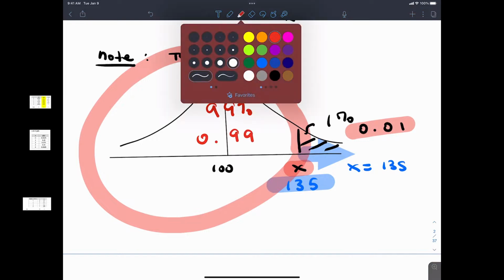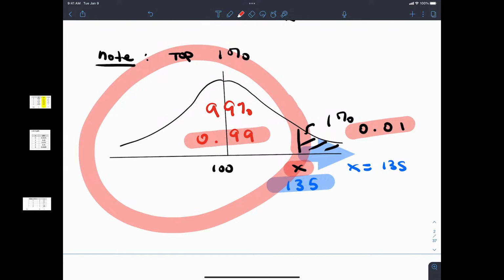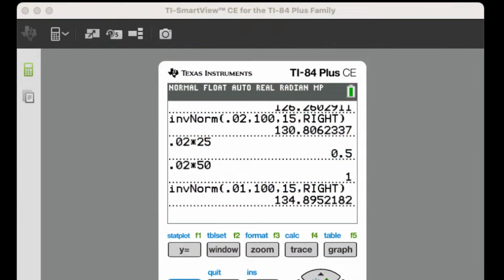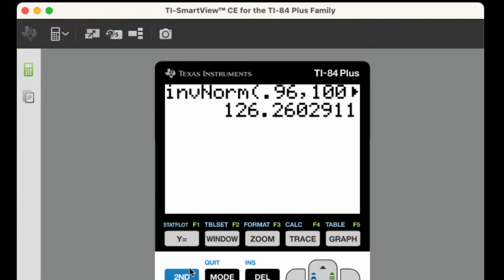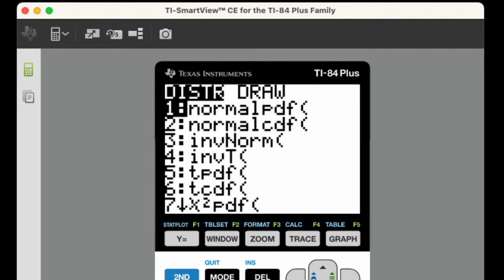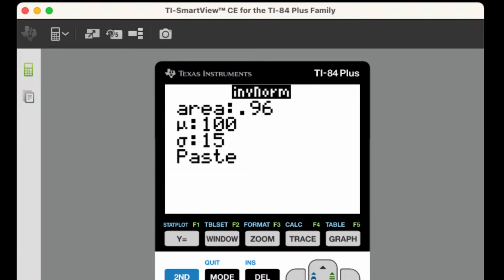So if you are one of those students, let's verify. Area to the left is 99%. Second distribution, inverse norm, 0.99. Change that.